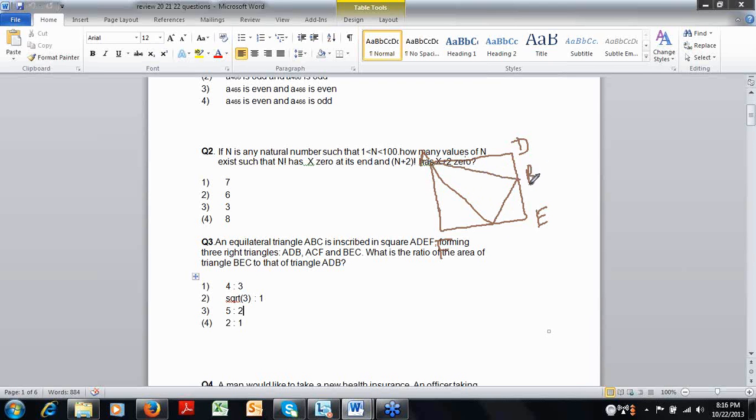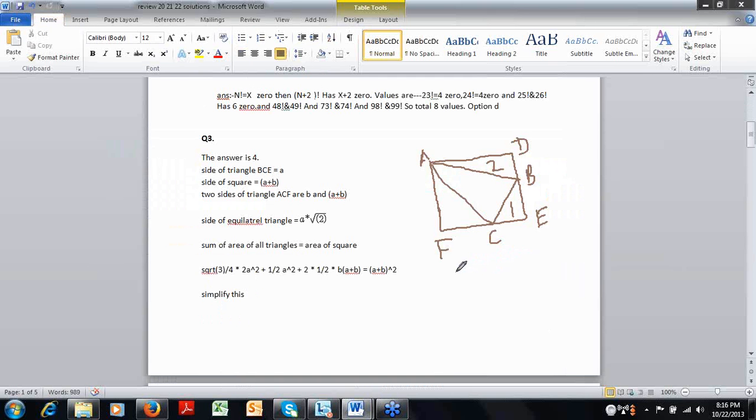ADB is a triangle, and then ACF, so this is C, and BEC is the triangle. What is it asking? The ratio of the area of BEC, this area, to ADB, this area. This is the ratio we need to calculate, and this is an equilateral triangle, this is a square.